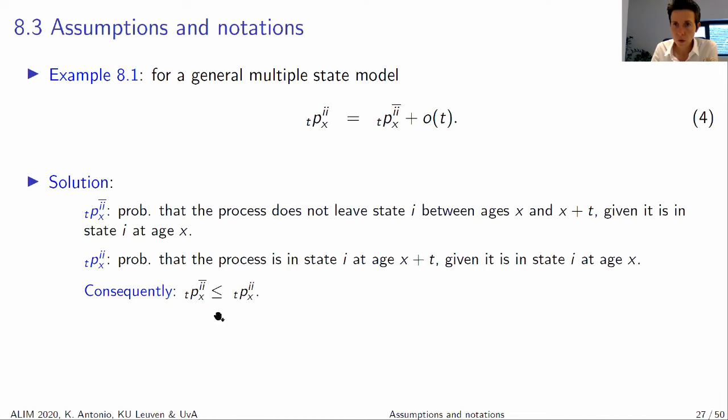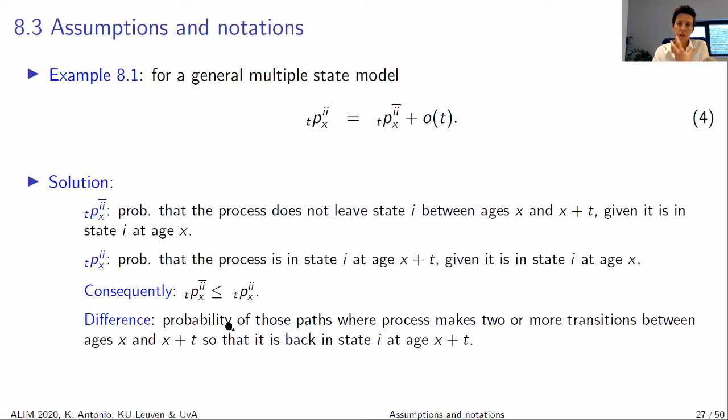And if there is a difference between the two, then that difference is caused by those events, by those paths where the process made two or more transitions between age x and age x plus t, so that it is back in state i at age x plus t.